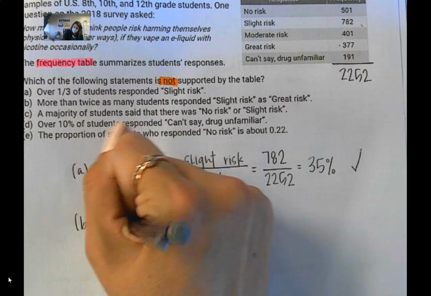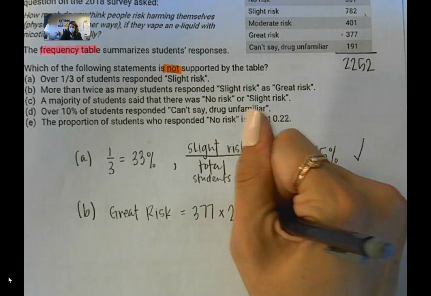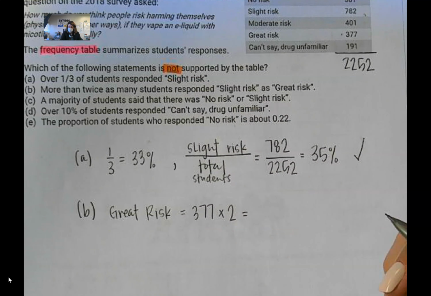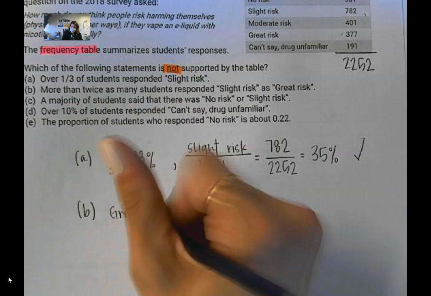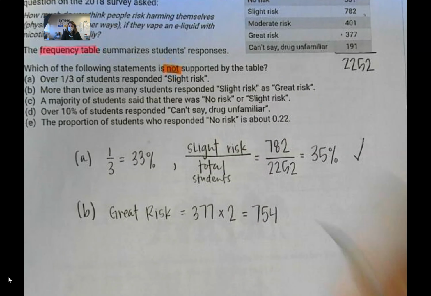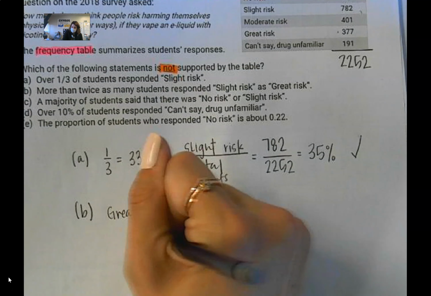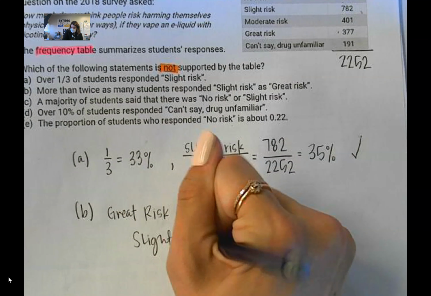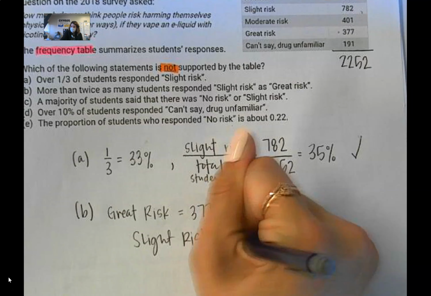We got to times that by 2 because it says more than twice as many. Okay, so 754. We're supposed to compare that to those that said slight risk. And we know that that's 782.